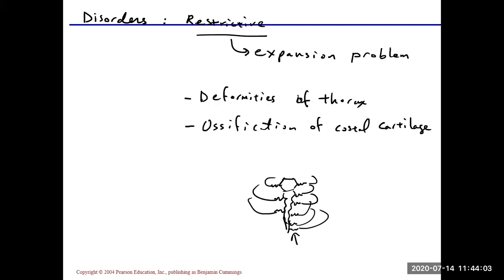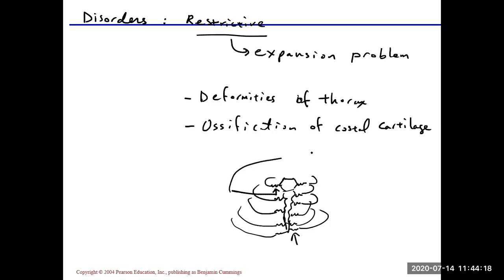Now, in reality they have more ribs, but I'm just showing you. So this wiggly line right here, these are the costal cartilage.